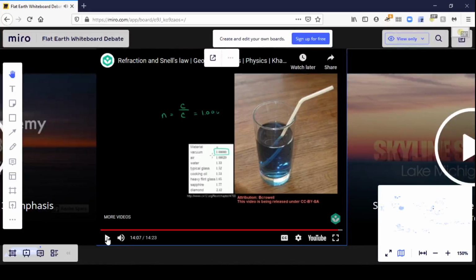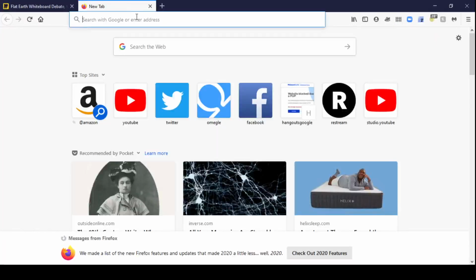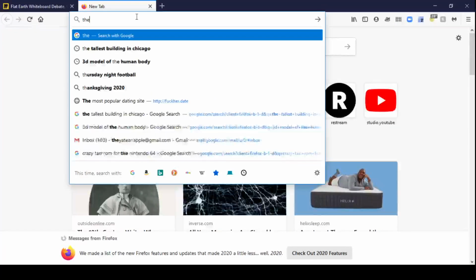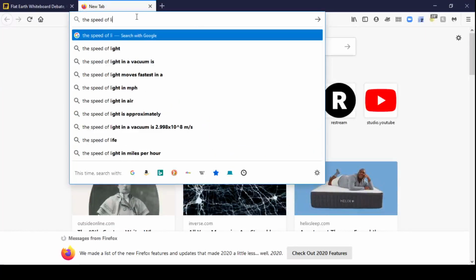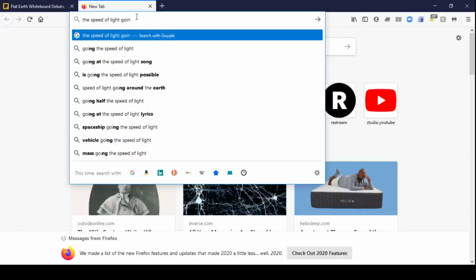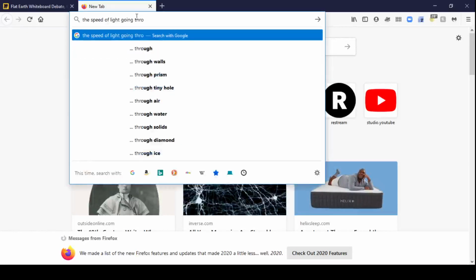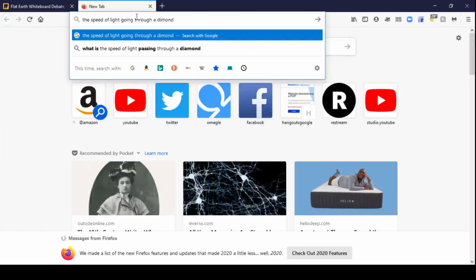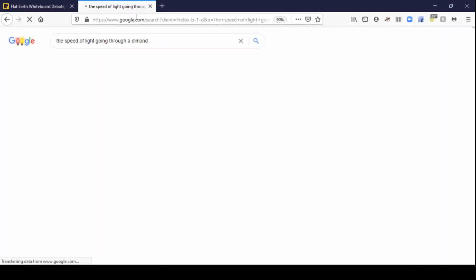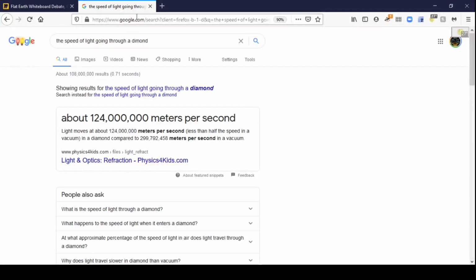Well, I want to check that actually. Speed of light going into a diamond. Wow, that is slow. 124 million meters a second. Wow.